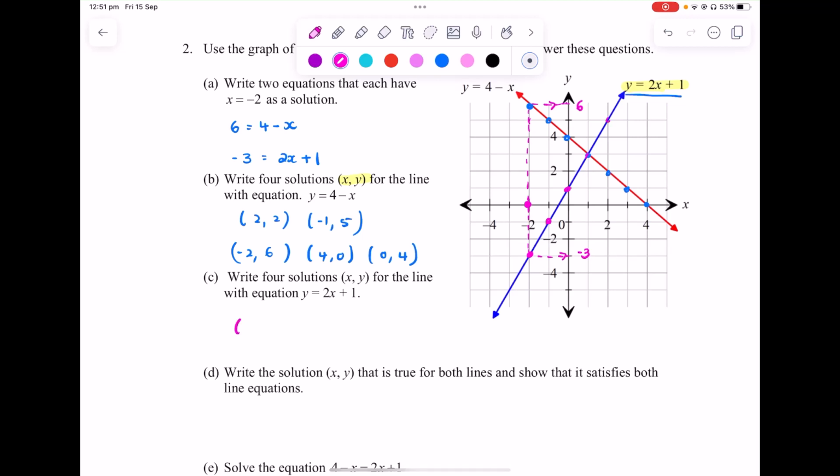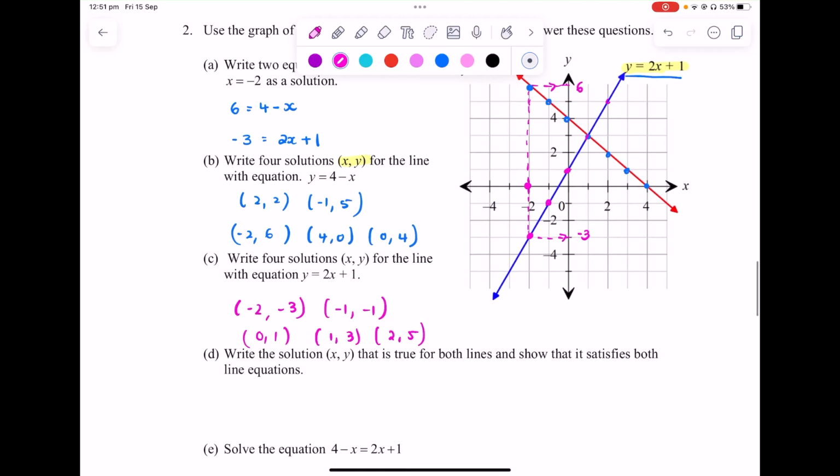So here I could have done (-2, -3). I could have done (-1, -1). I could have done the point (0, 1), (1, 3), (2, 5), any points that lie on the line.